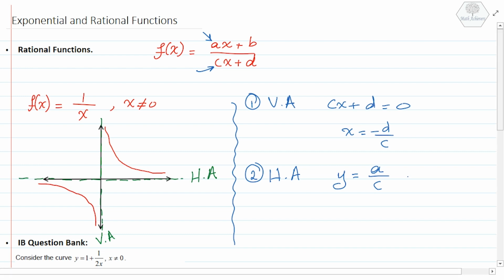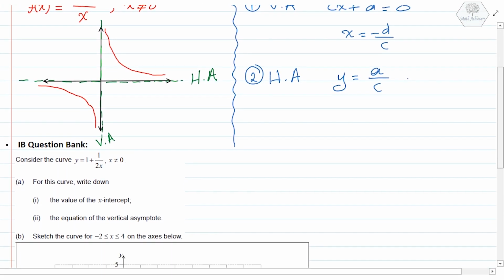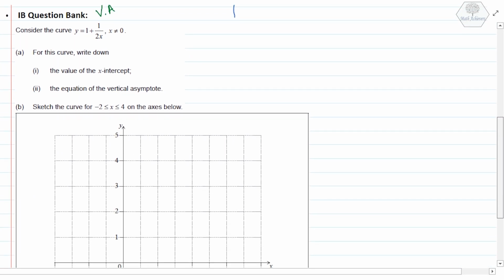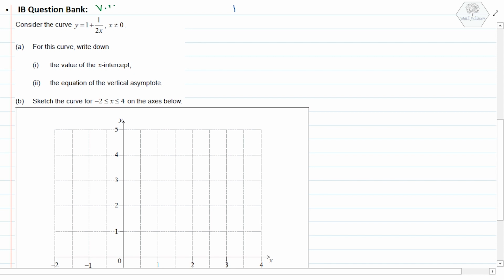Let's have a question now from the IB question bank. Consider the curve y equals 1 plus 1 over 2x, for which x can't be 0. For this curve, we need to write the value of the x-intercept.